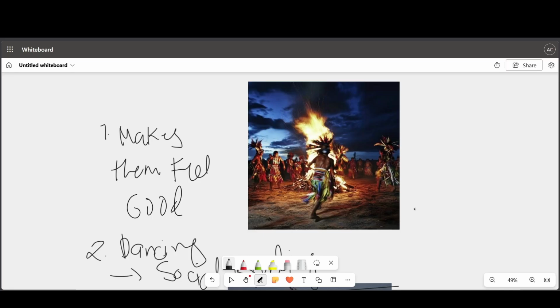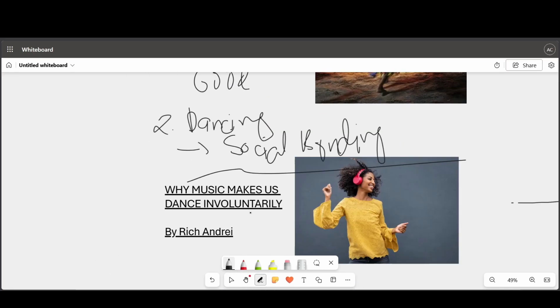So that's why music makes us dance. It's a mix of biological mechanisms that we have and the rhythmic patterns, the beats of music. That's why music makes us dance involuntarily.